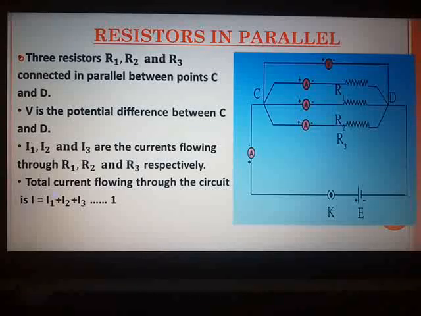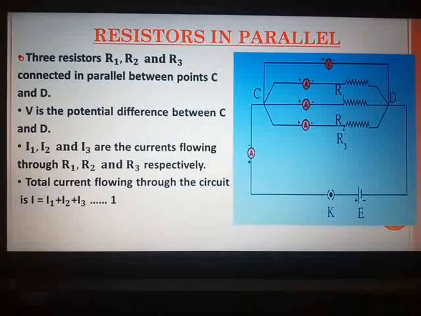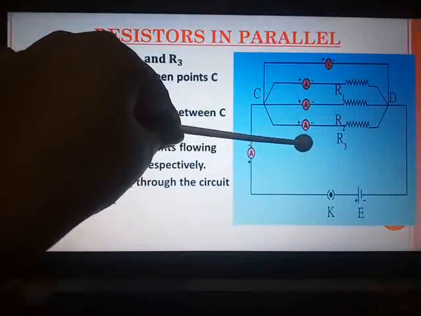Now here the unique property is that the potential difference remains constant, whereas in series combination, the same amount of current was flowing, so current was constant. V is the potential difference between points C and D. Now here the current flowing across each resistor will be different.